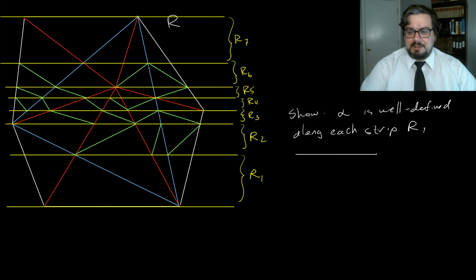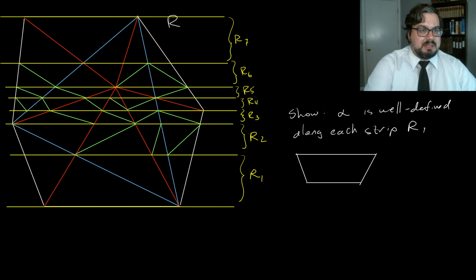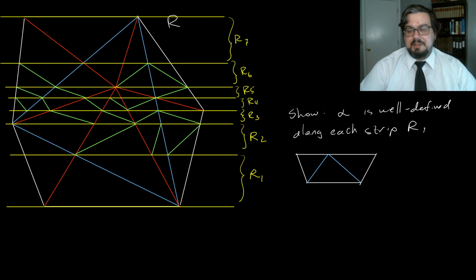So what we want to show is that if we've got some random thing like this, and then we take any random triangularization, then we always get the same value out of it.